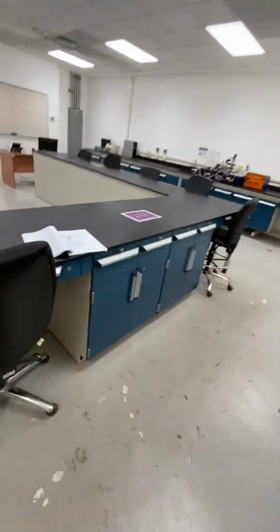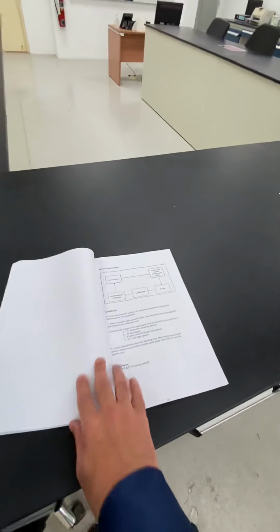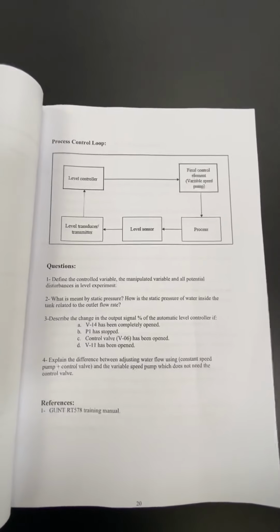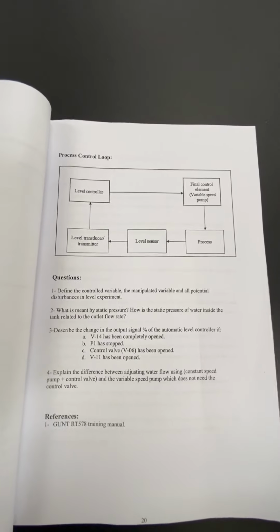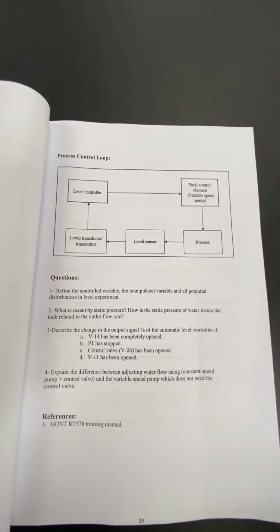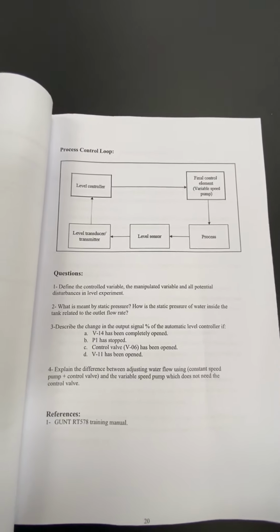Right? So let's have a look at some of the questions in the liquid level control experiment. The question says here, describe the change in the output signal of the automatic level controller if, as an example, V14 has been completely opened.